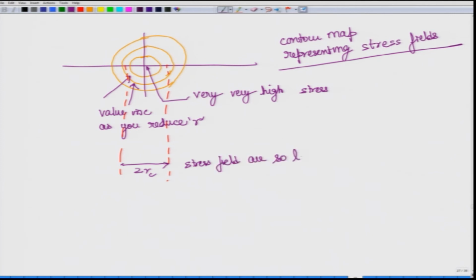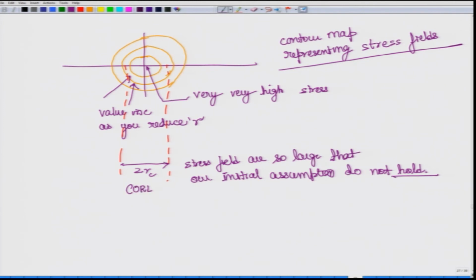Stress fields are so large that our initial assumptions do not hold anymore. Okay, so, there must be a critical radius under which, if you try to calculate the stresses or the strain, then our initial assumptions are not valid, which means that we should not use our regular model of calculating stress and strain field over here, and this particular region is called the core of a dislocation.